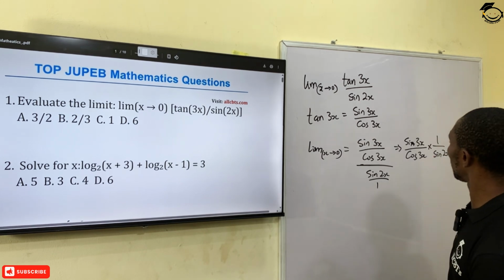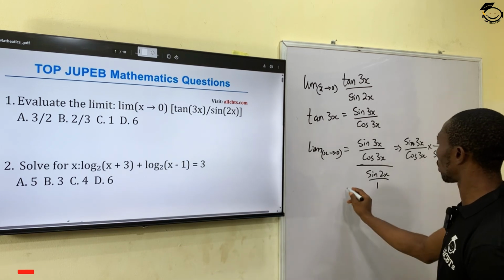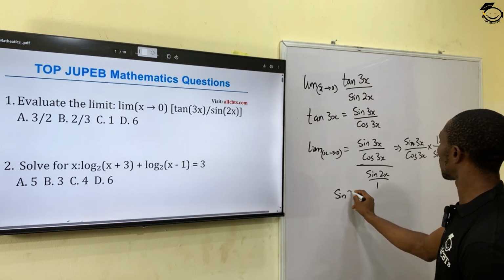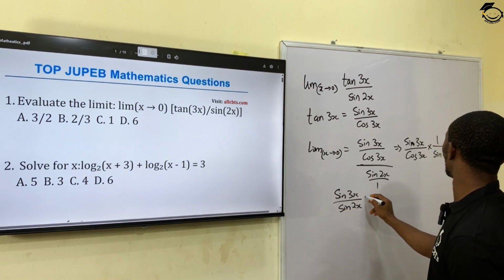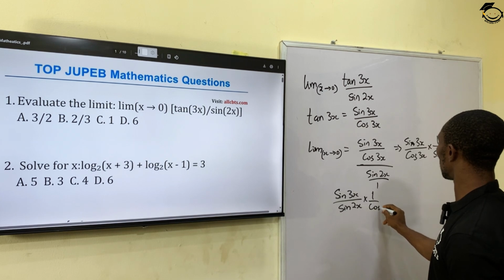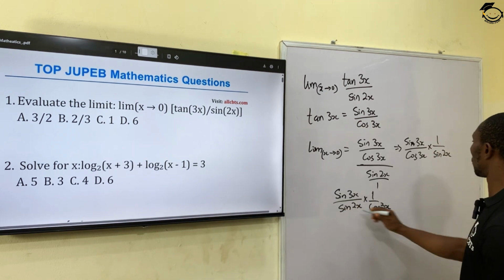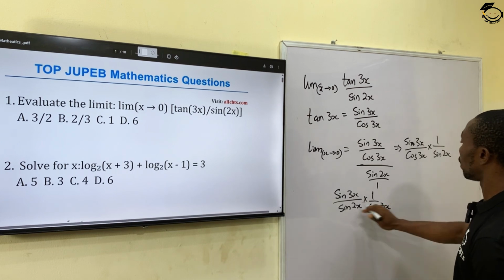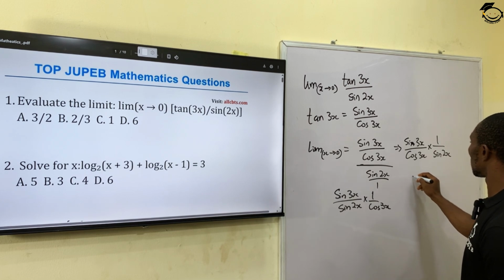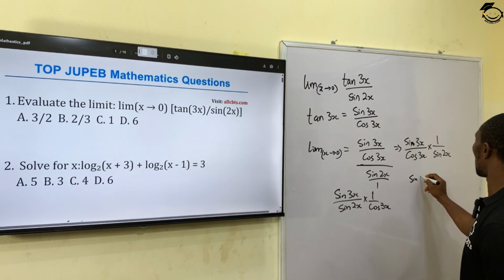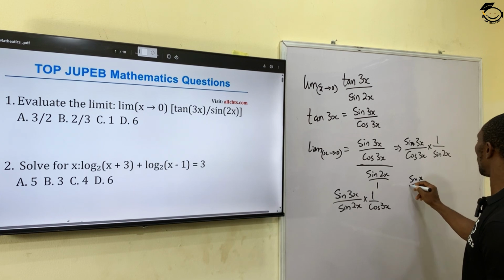Now bringing this together, we can rewrite this to become sine 3x over sine 2x times 1 over cos 3x. Now it is important to know that if we factorize this, we are having sine x over x, which will give us 1, and sine x over sine x, which is 1.